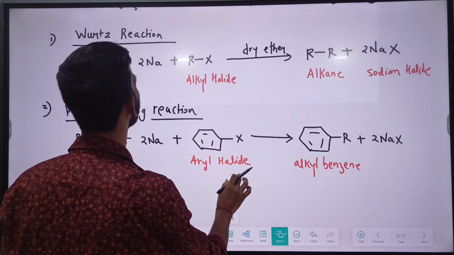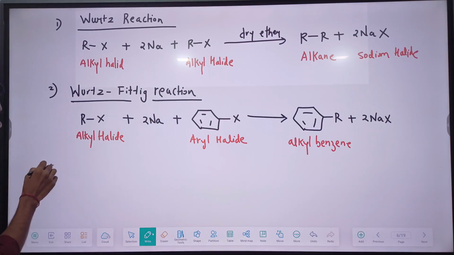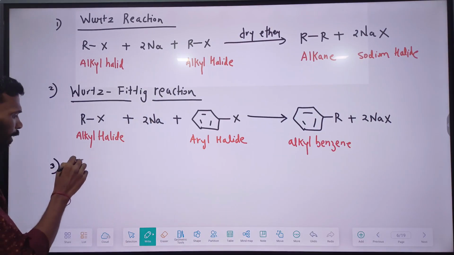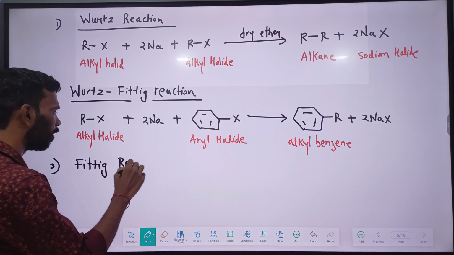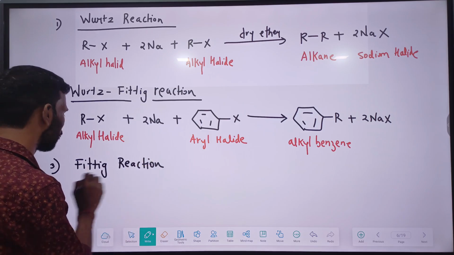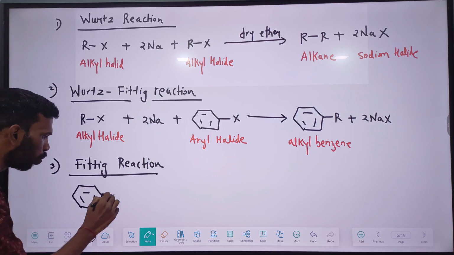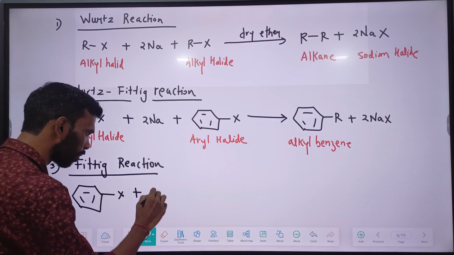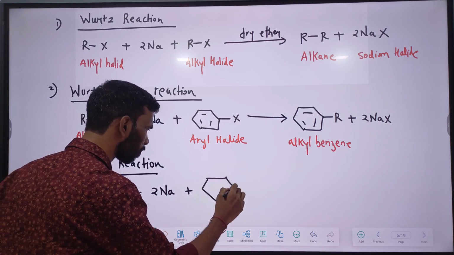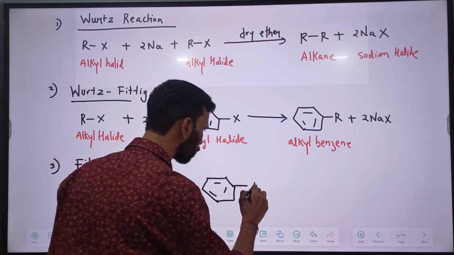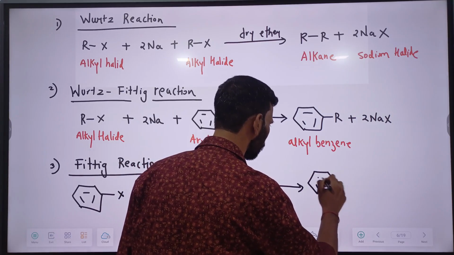And the third reaction which you should know is the Fittig reaction. Fittig reaction is this: 2 moles of aryl halide, with sodium, you get this.